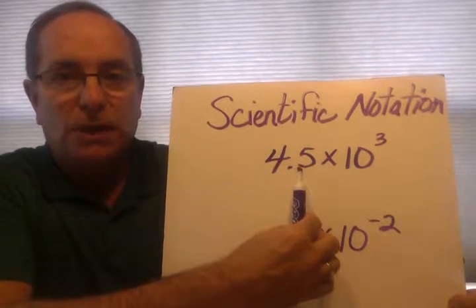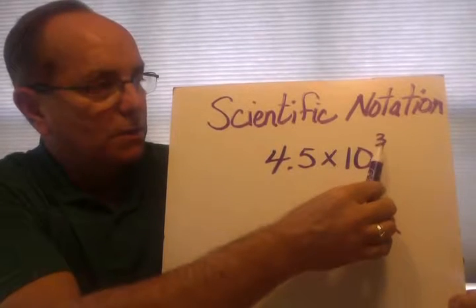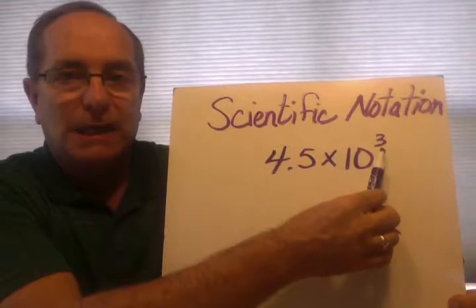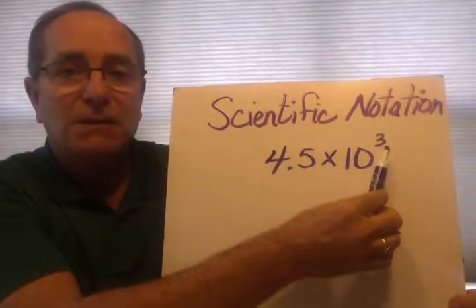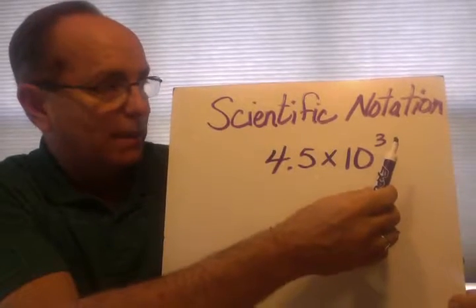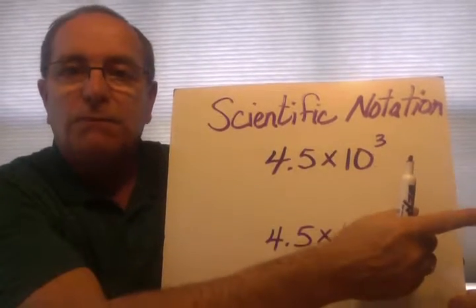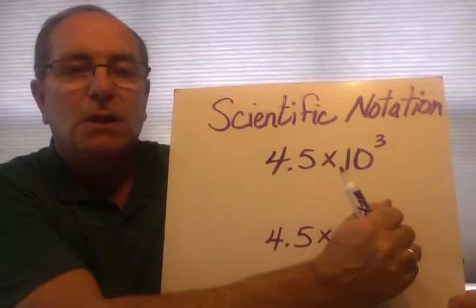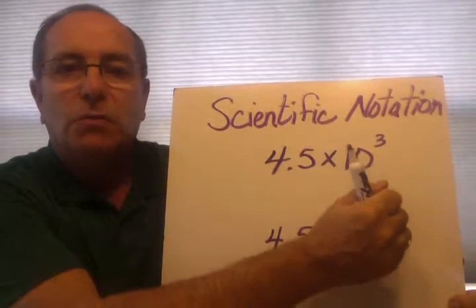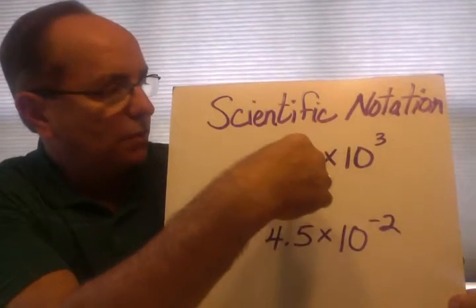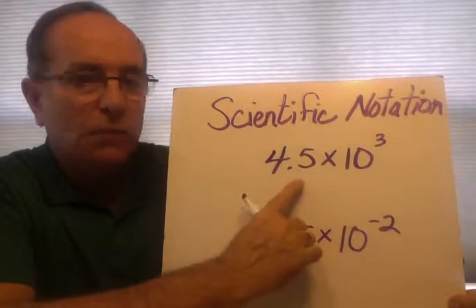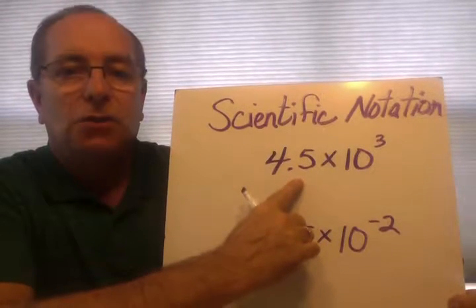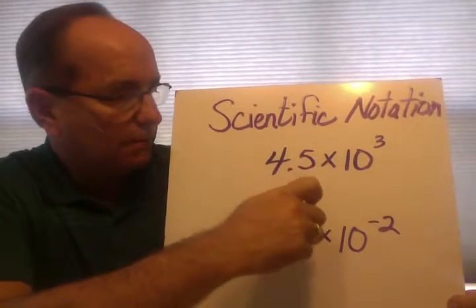Now, which way I go depends on if this exponent is positive or negative. And because it's positive, on the number line you would always head right from 0 for positive numbers. So that's my mnemonic device to remember which way I have to go with this decimal on 4.5. I'm going to head to the right 3 places.